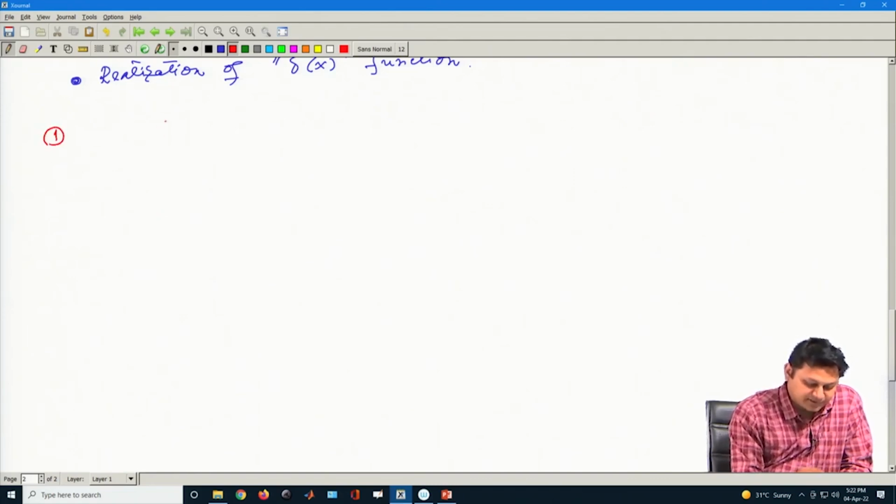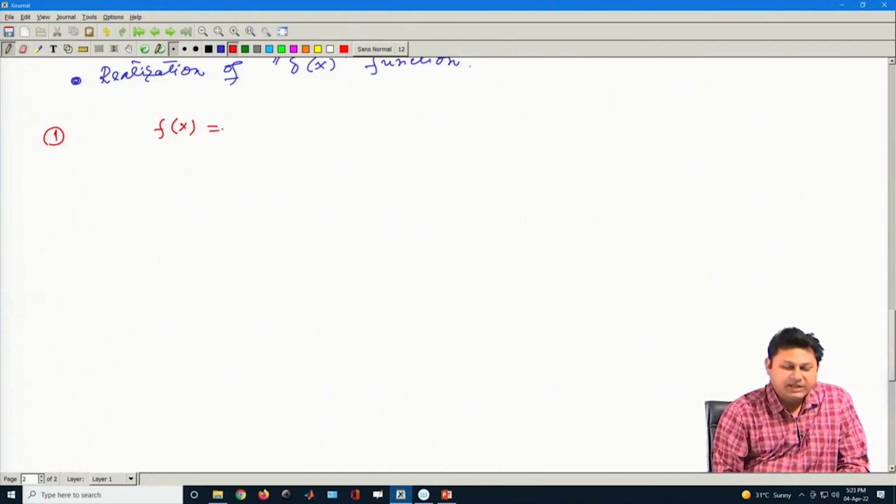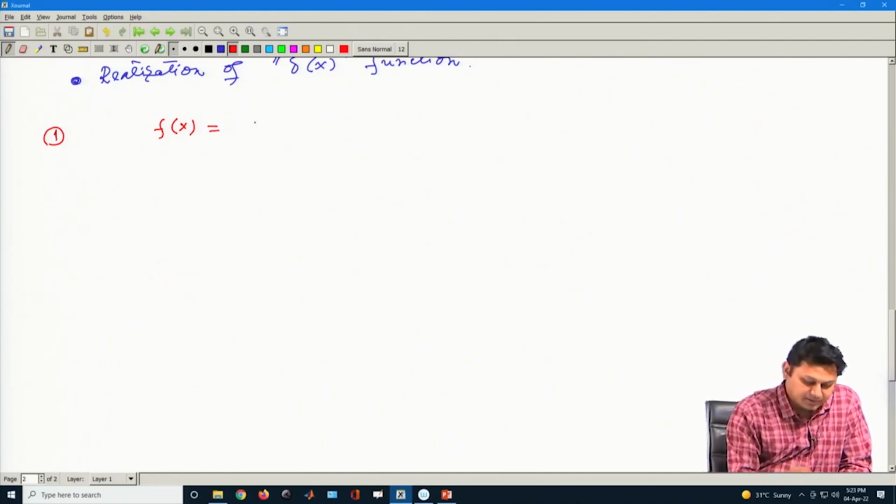So, the first example is this function. Suppose we consider a function of x. These are a few standard examples, in any book you are going to find this. The function of x is given as 1 by a, and it is distributed in this way.